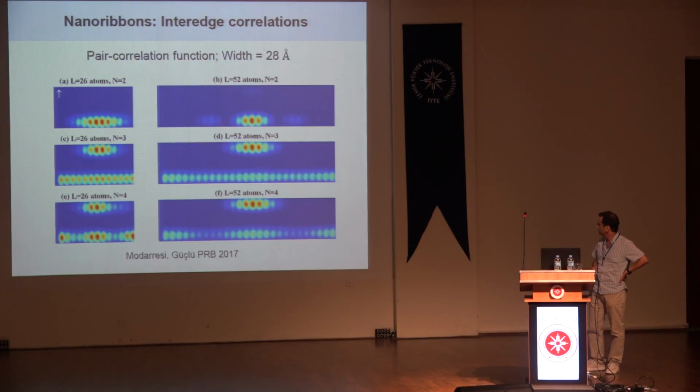If we have 3 electrons, we have a fixed electron here, one electron localized here, and in the opposite edge, it seems there is no localization. You may think, well, you increased the electronic density, so you lost the Wigner crystallization. Let's increase the density more to 4 electrons, but then again, you recover the Wigner crystallization.